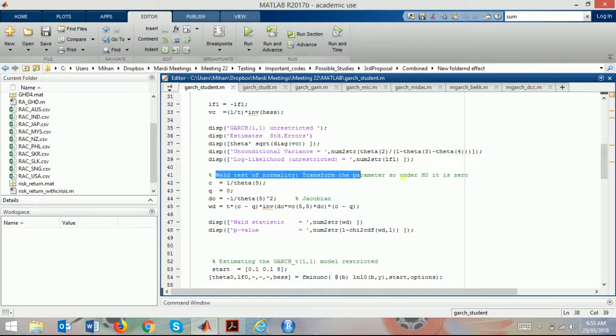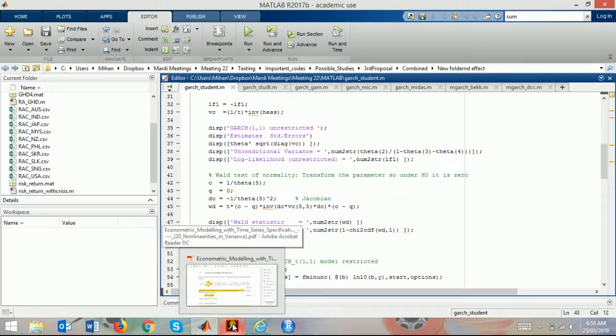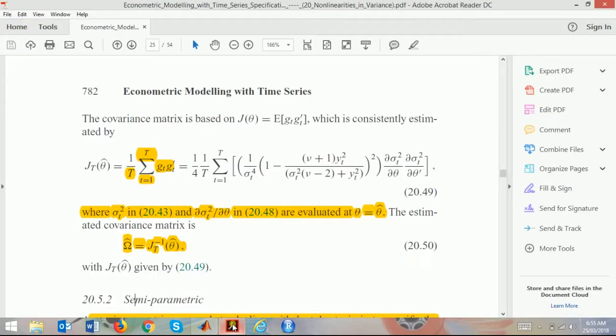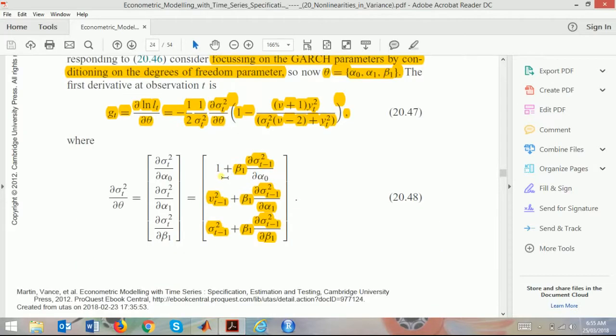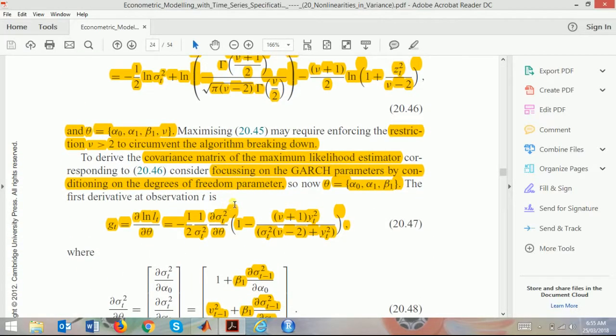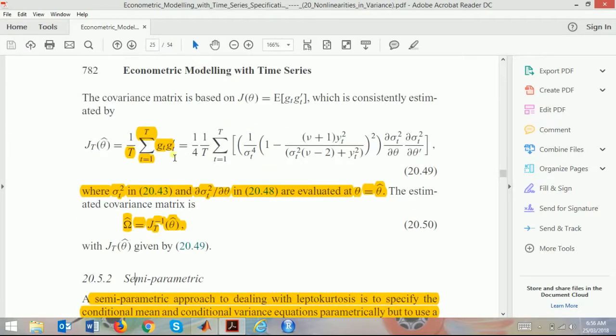Now we are to do a Wald test with a transformation. So C is equal to 1 divided by tau, theta 5 is tau, Q is 0, and Jacobian is minus 1 by tau square. Theta 5 is tau for sure, and tau square maybe has something to do with this part, right?